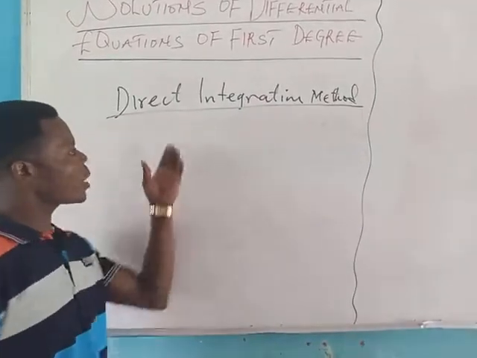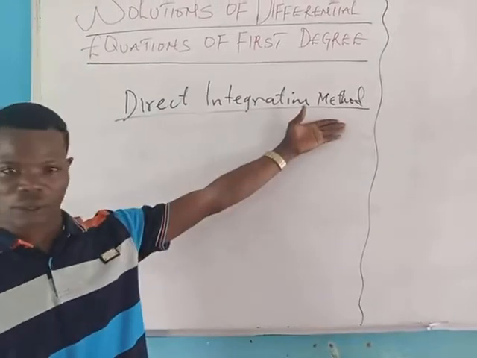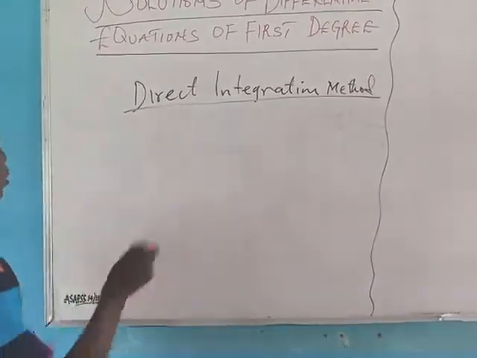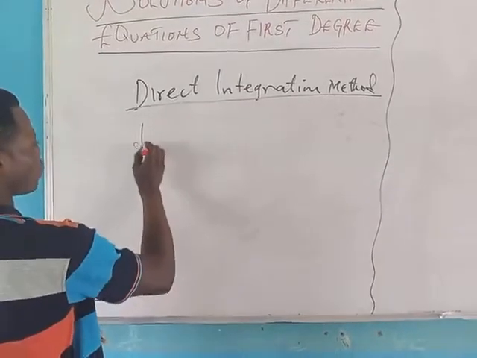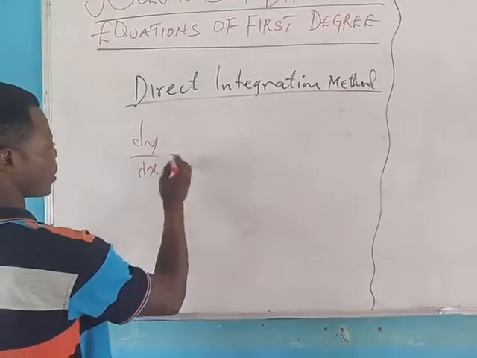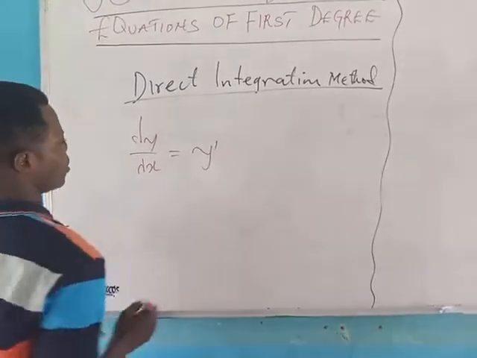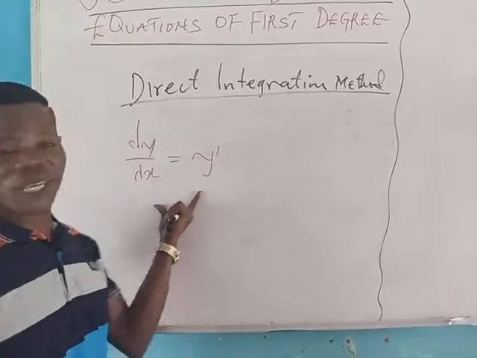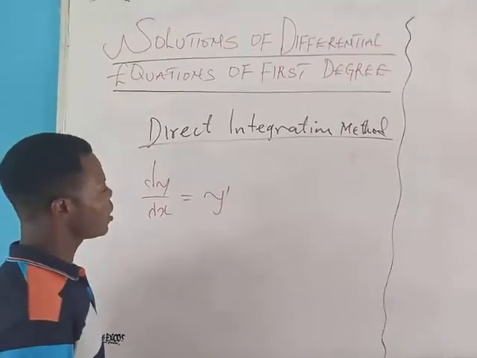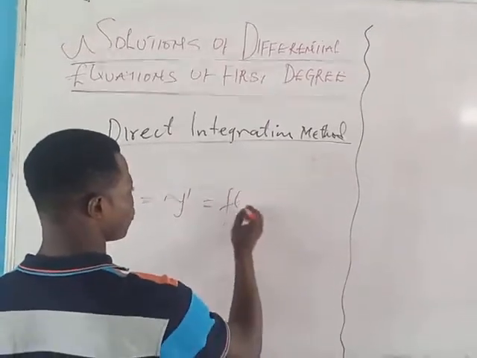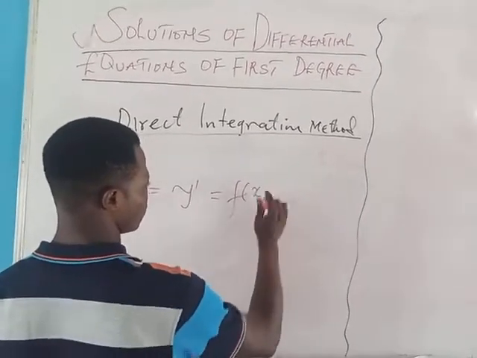Why are we using this method? Consider any given differential equation. Let's say you have dy/dx, and this can also be written like this. This is first degree and first order, and is given as a function of x.